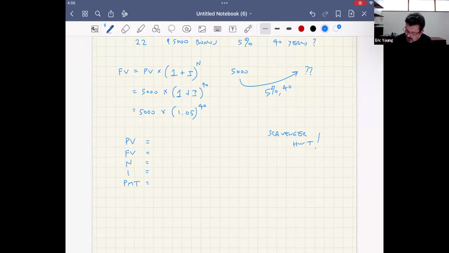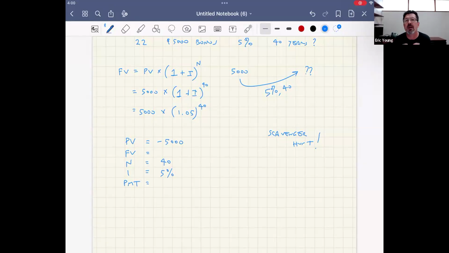So in this case, the present value is going to be $5,000. But since we're going to put it into the account, it's going out. That's going to be negative 5,000. We're going to invest this money for 40 years, so N is 40. We're going to have an interest rate of 5%, so I is 5. PMT, there's no PMT here.